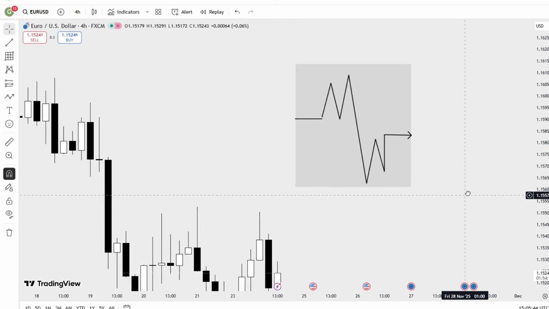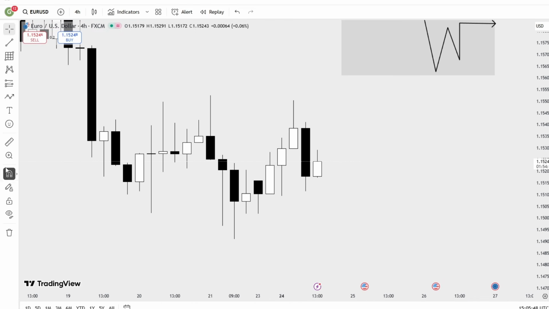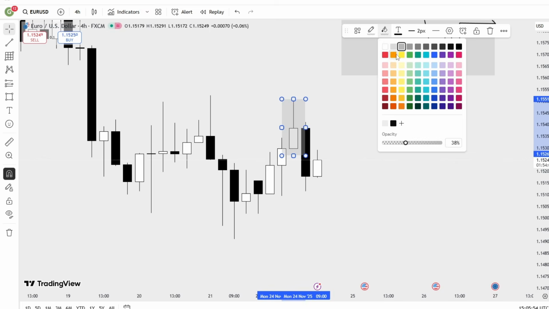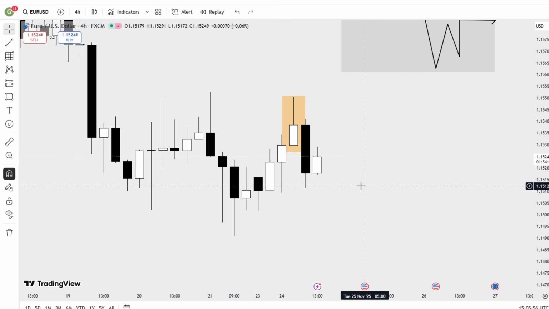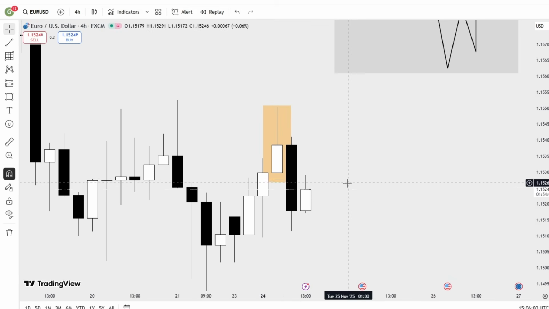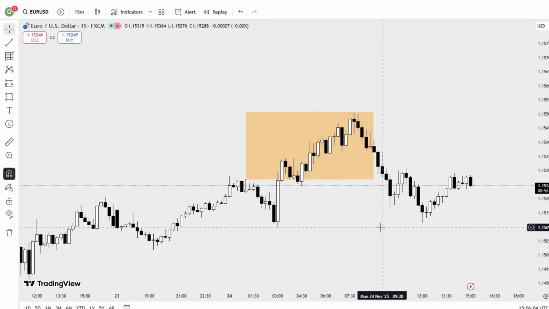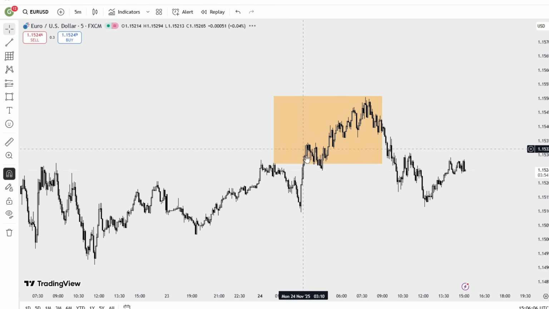And what we do is look at one specific candle, like I'm gonna pick a random candle right here, okay? In this candle, you're gonna see a range. This is a 4-hour chart, but whatever the time it is, you're going to see there is a range in that candle.